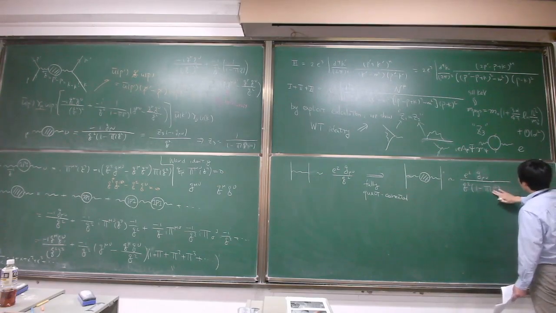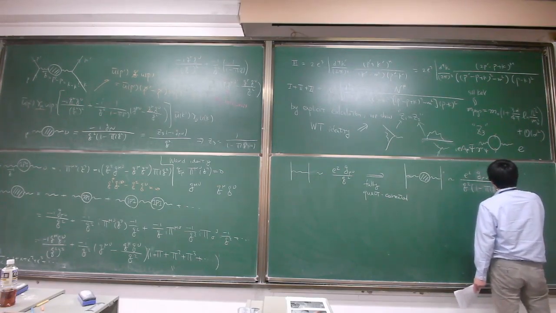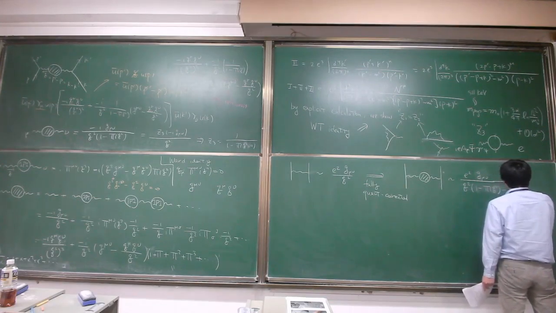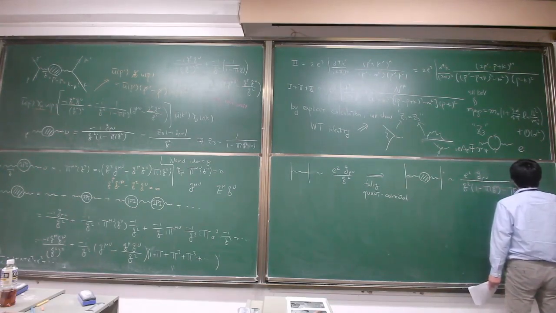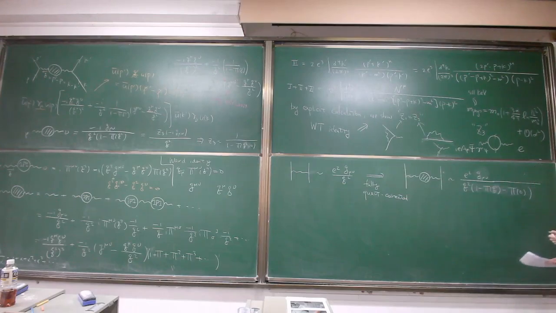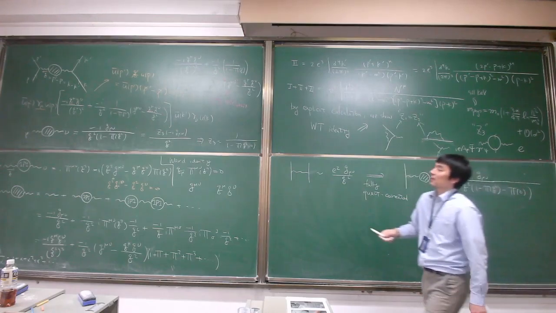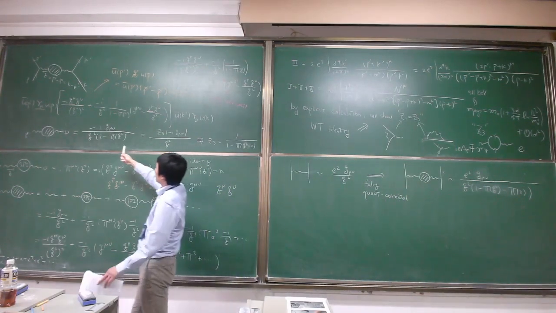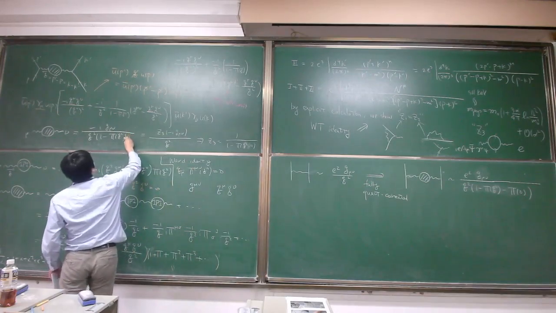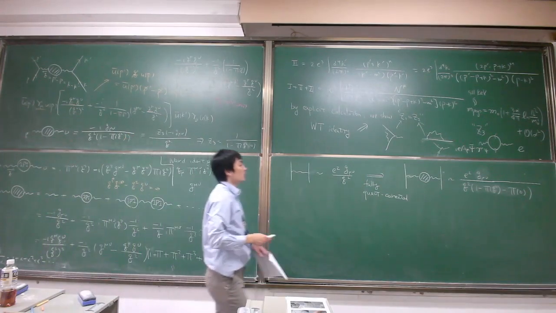So you have to renormalize to get rid of the unnecessary infinity. You have to take a difference from this propagator to this propagator.